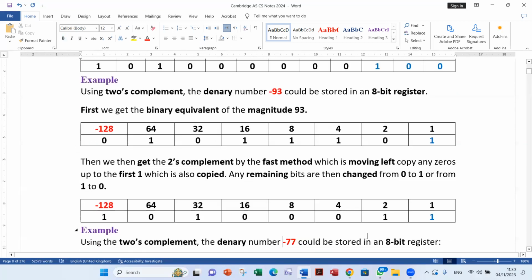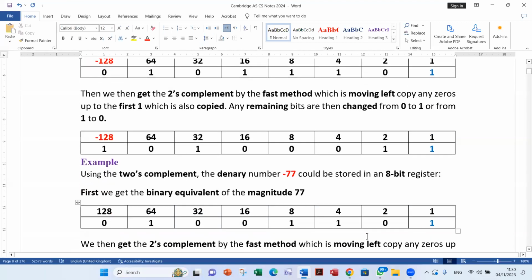Start now working on negative 77: get the binary representation of the 8-bit magnitude of 77, and then apply the first method and get the 2's complement. And then you check with me.